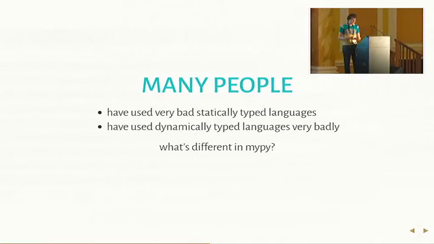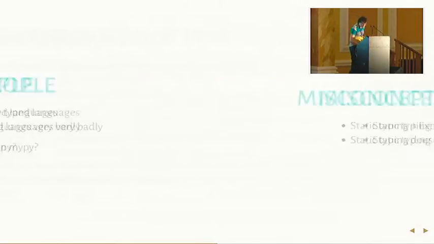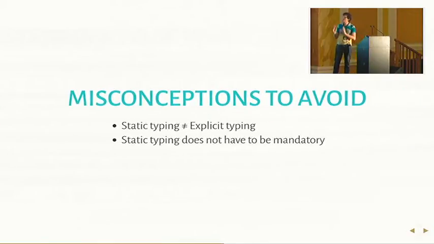So let me talk a bit about what's different in mypy with respect to more classical approaches. There are a couple of big misconceptions around. One of those is that static typing is equal to explicit typing, having to write down the type of everything everywhere. That's actually not true.